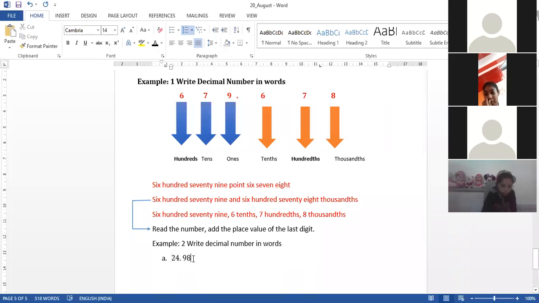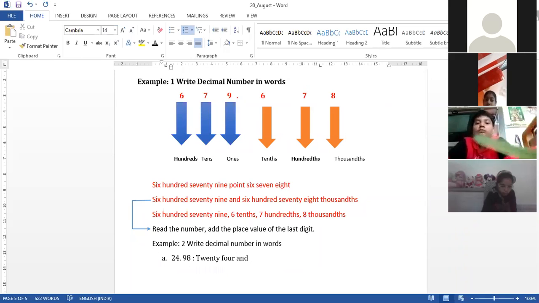Now 24.98, how do we write it in words? Listen carefully, everyone. Before the decimal is 24. Is the digit before the decimal greater than 1 or less than 1? Greater than 1, so we can write "and". After the decimal point, we read the number 98, ninety-eight.